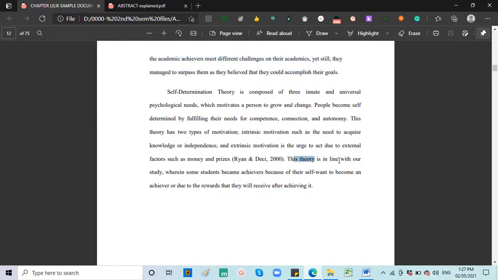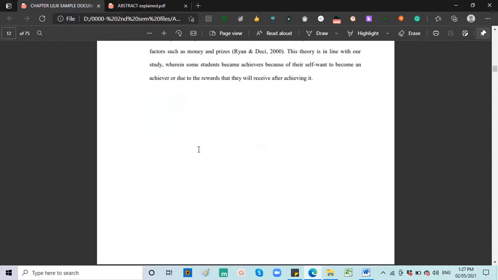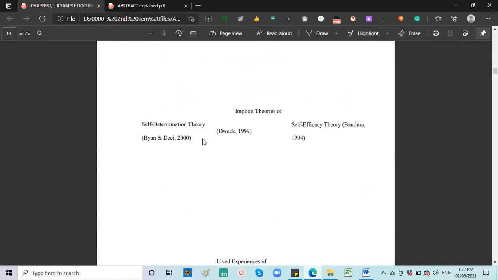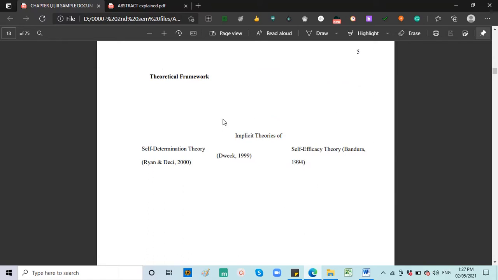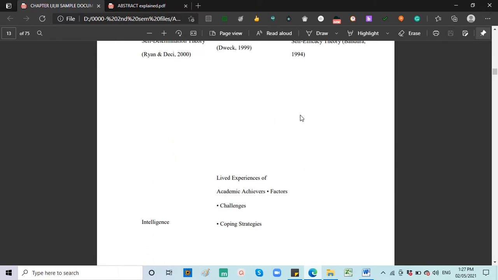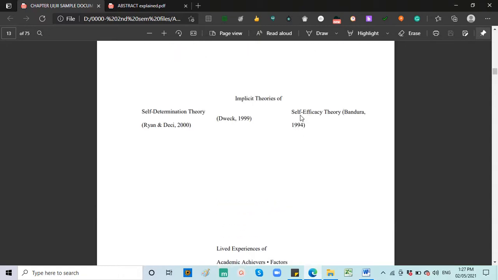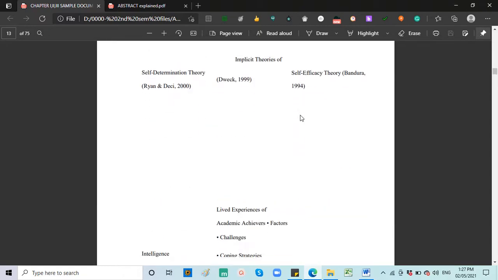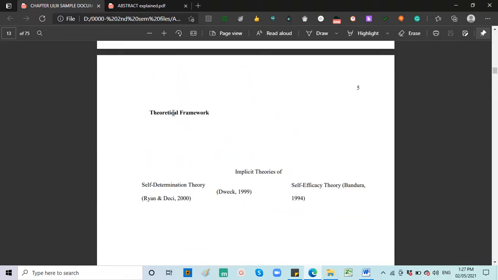And then: this theory is in line with the study since some students become achievers because of their determination. Please refrain from using "our". Okay, and in the end, I apologize for this because it didn't come out well; when I copied this document, its format changed. Anyway, you already know what the framework looks like, there are boxes.